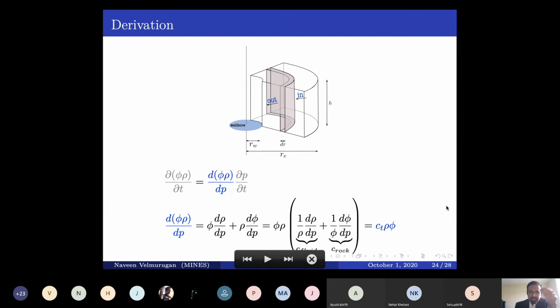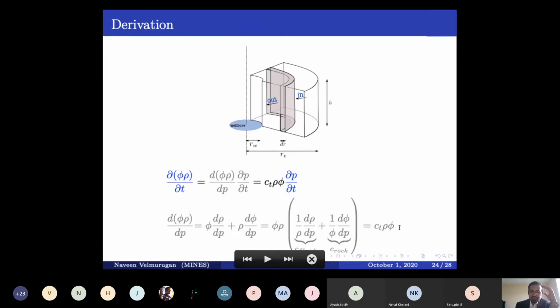This is actually a term for compressibility. Density relates to the compressibility of the fluid, and the term in porosity gives the compressibility of the rock, so it takes into account how your porosity varies with pressure. Adding these two, you have the total compressibility of the reservoir fluid system.